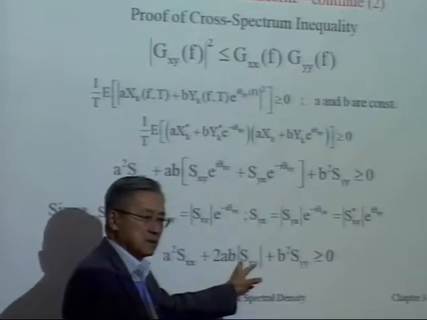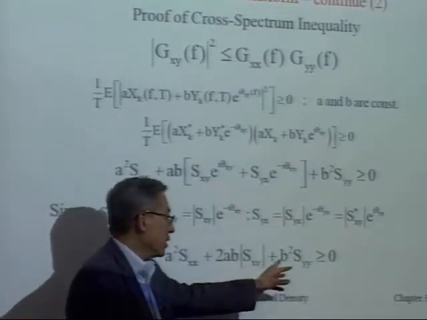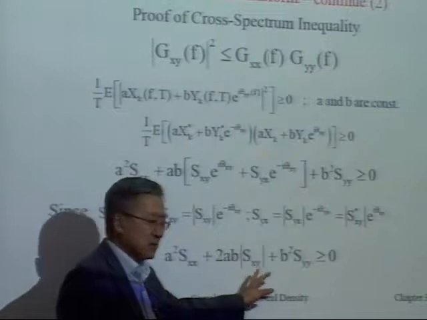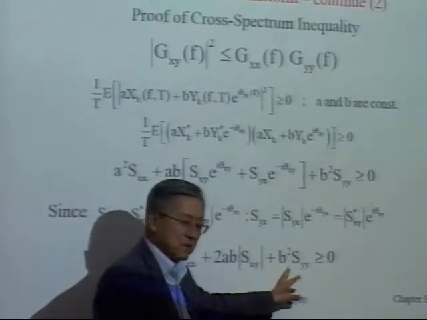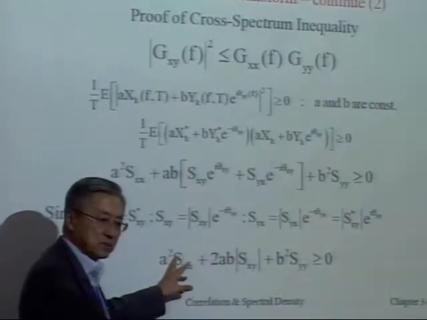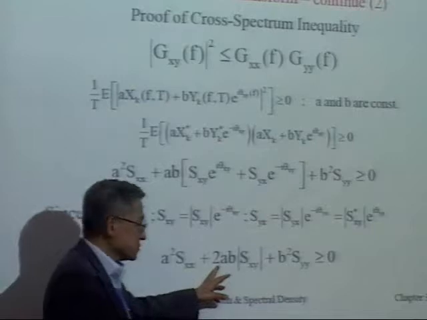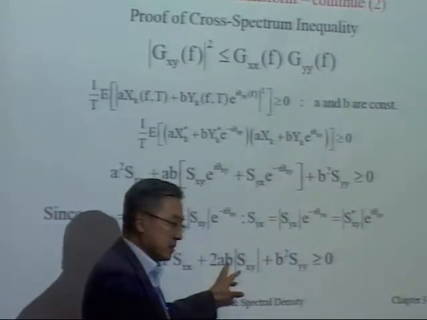Quadratic, because you faced this kind of inequality before. If you divide everything by b square, this is going to be a over b square. This becomes 2 times a over b.